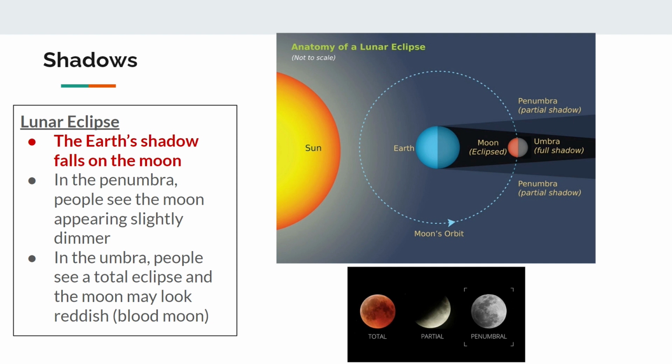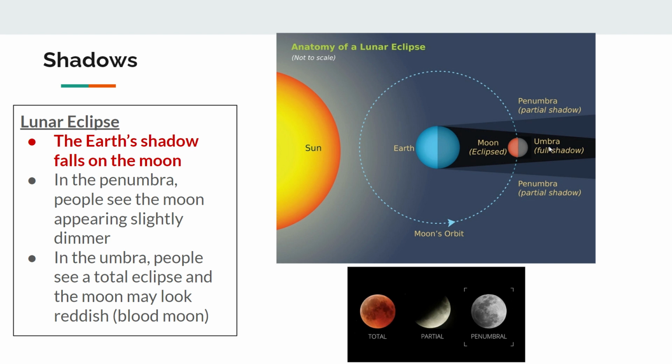And this one's interesting because when this happens, there's still a little bit of sunlight peeking through, and because it interacts with our atmosphere before reaching the moon, that sunlight gets refracted, meaning bent a little bit to reach the moon. And that causes a color distortion in the way we see the moon. The moon looks red because the light is being refracted or bent a little bit as it passes by the earth from the sun to the moon. So we call this a blood moon, and this is very rare.